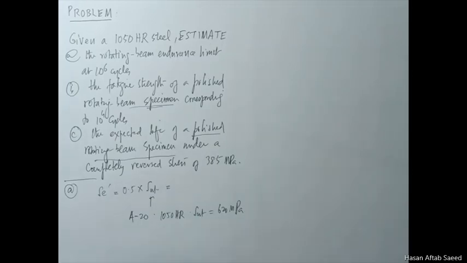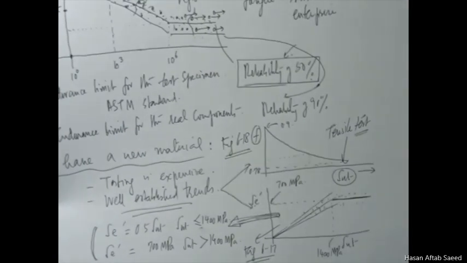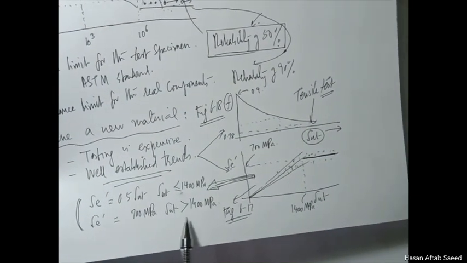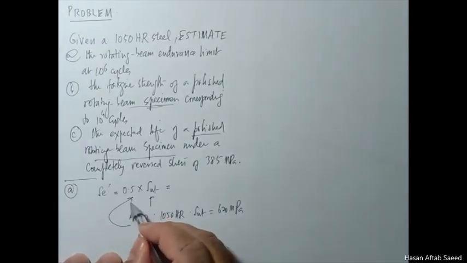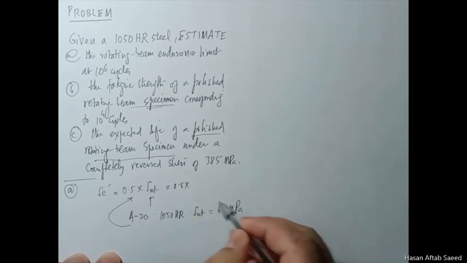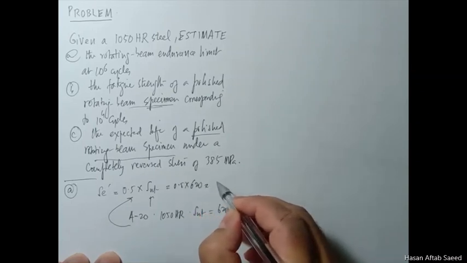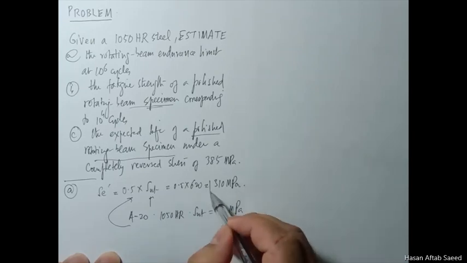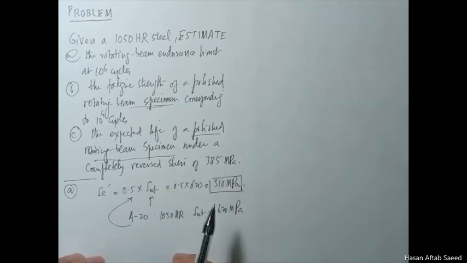Now 620 is way less than 1400, so we are justified in using this. If it was more than 1400 MPa, then we would have taken 700, but in this case we are justified in using this. So 0.5 into 620 is 310 MPa. So this is our part A, as simple as that.